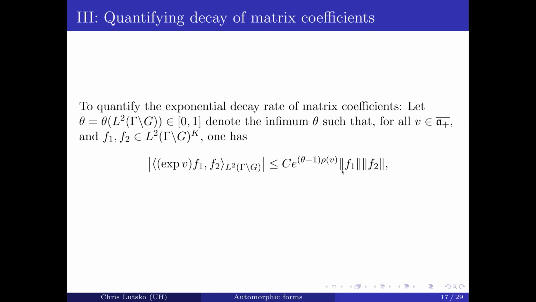This should have the L2 norms of F1 and F2, and then we should get this decay, which is proportional to rho. And theta will be the infimum such that this bound is satisfied.